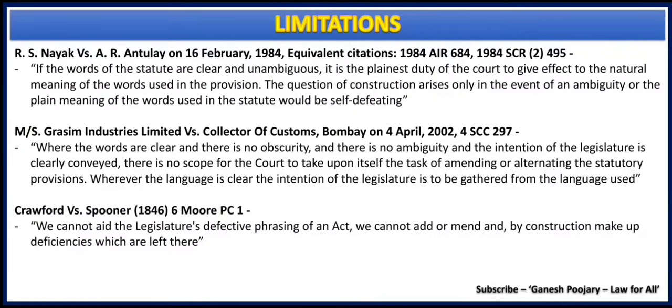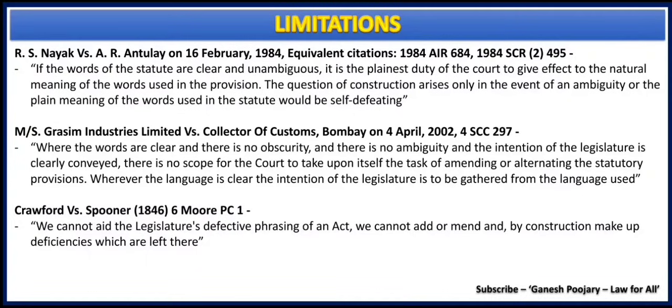Now, coming to the last case law, that is Crawford versus Spooner. It was held that we cannot aid the legislature's defective phrasing of an act, we cannot add or mend, and by construction make up deficiencies which are left there. Now, if there are deficiencies or defects available, the court cannot mend. The court cannot do too much construction. It is not within the hands of the court.